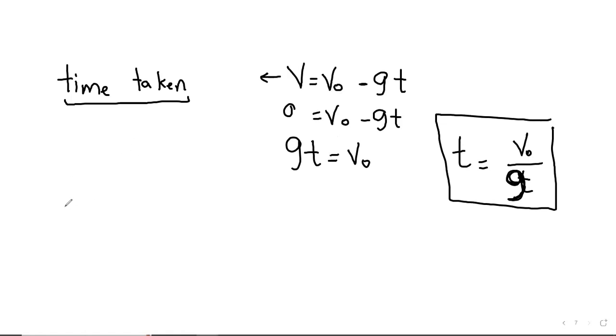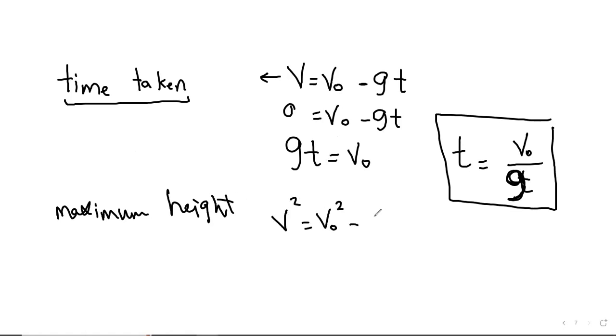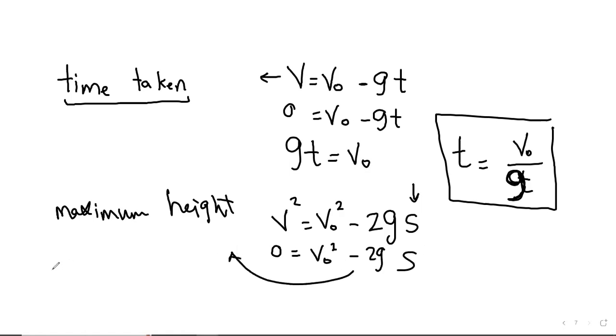And to get the maximum height, we can use this rule: V squared equals V initial squared minus 2GS, and the maximum height here is S. And V final squared is 0, equals V initial squared minus 2GS. Move this to the other side, so 2GS equals V initial squared, divided by 2G on both sides, cancel them out.